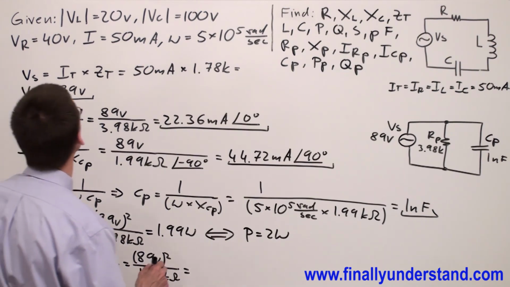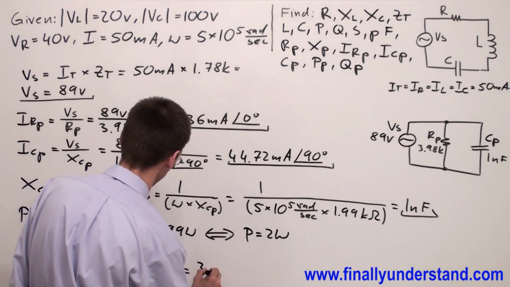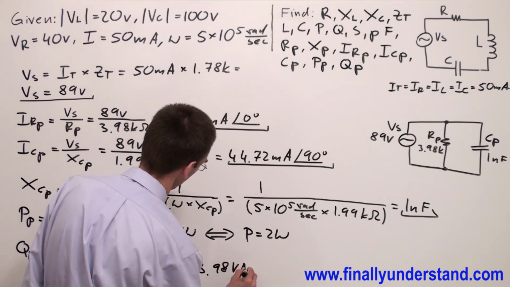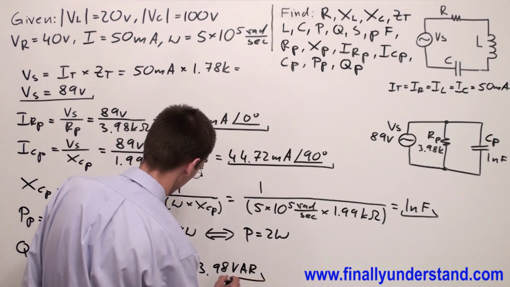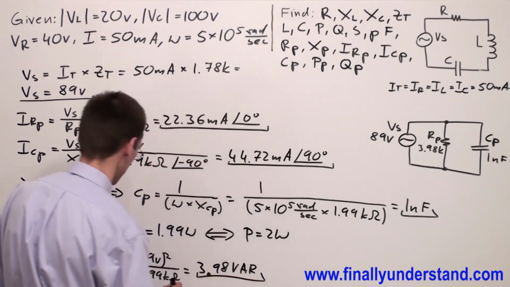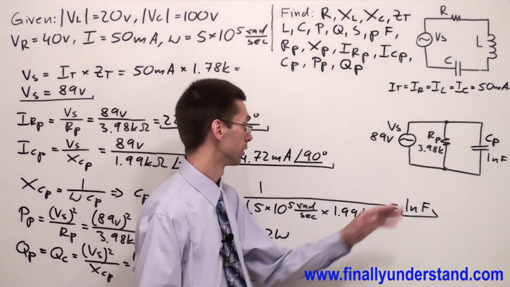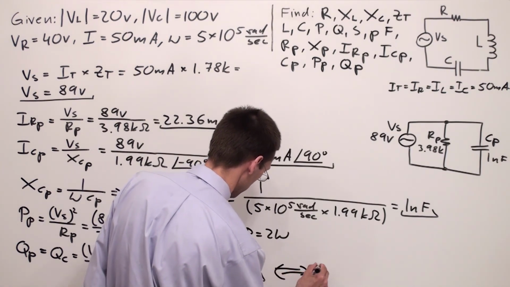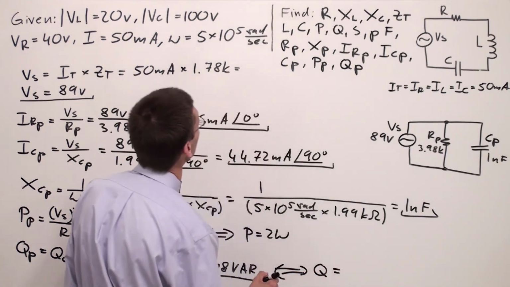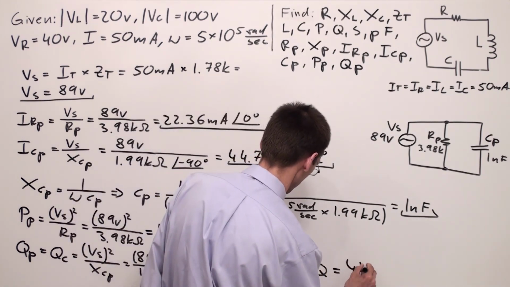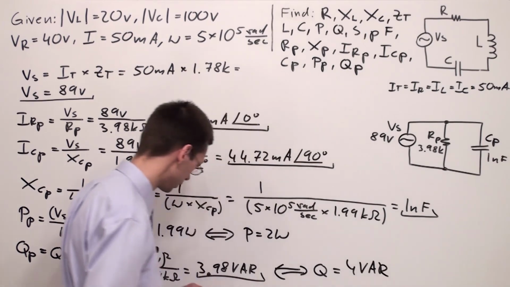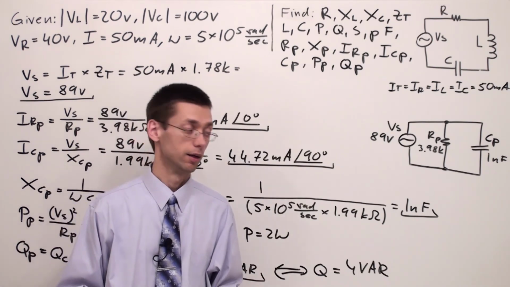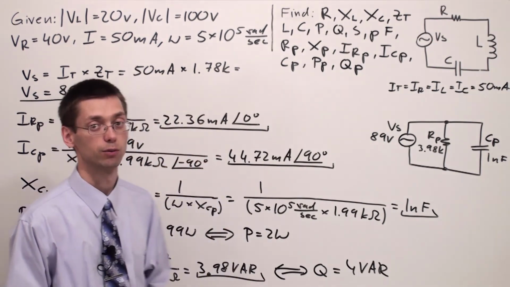This is equal to 3.98 volt ampere reactive. Okay, so this is the reactive power in my parallel equivalent circuit, and let's compare with the reactive power which we got before. So I got Q equal to 4 volt ampere reactive. As you can see, these two values are very close to each other, so we can say that our calculations are okay. And I don't know if you realize that we've finished the problem.